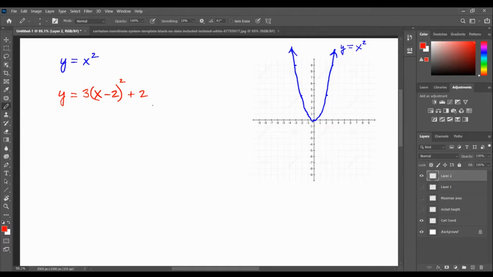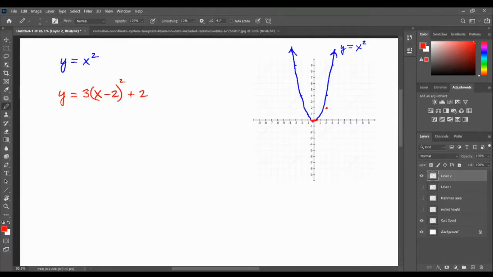So our vertical translation is up 2. From any point, you can go up 2. Our horizontal translation was 2, so we could move over 2. That would be the point that was originally this point down here. I just moved it up 2 and over 2, so now we're there.